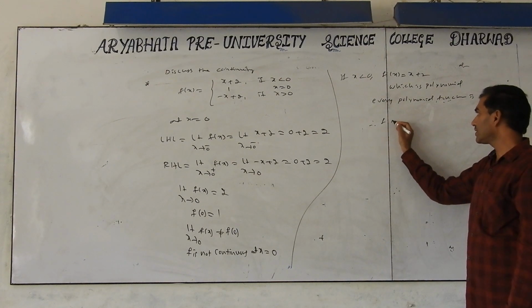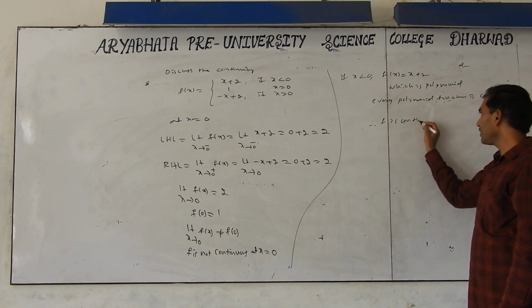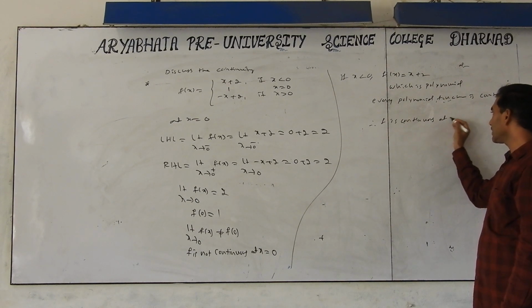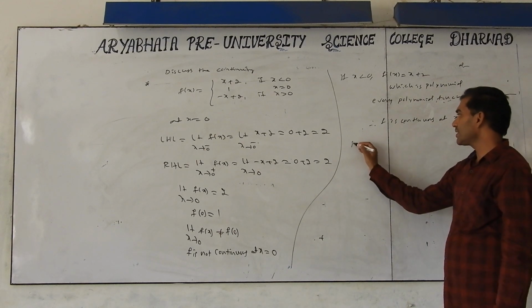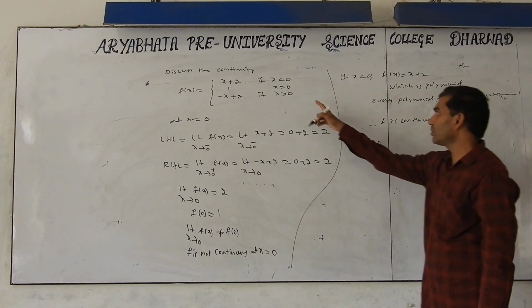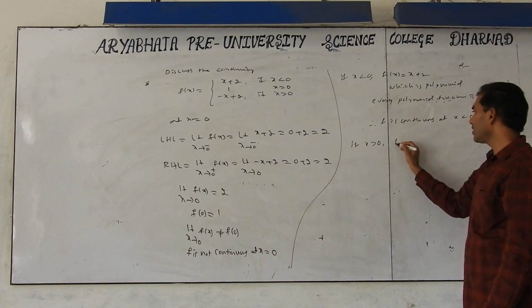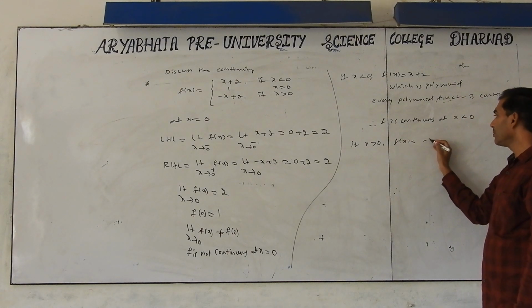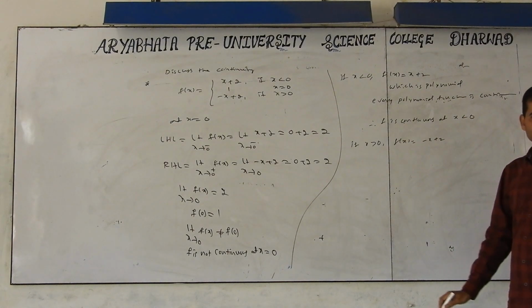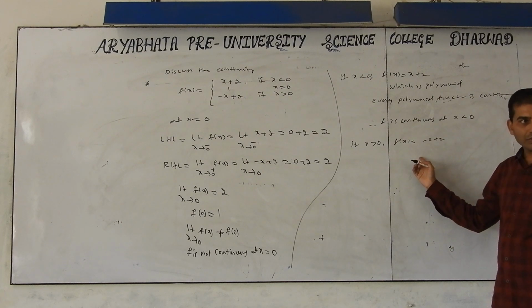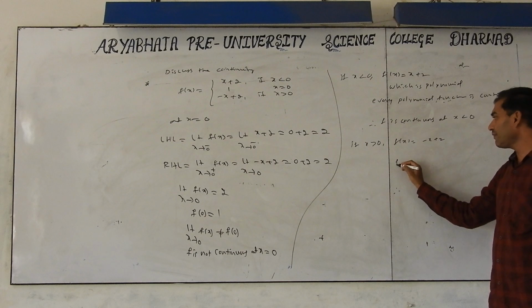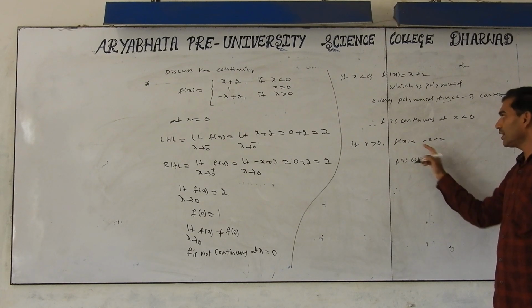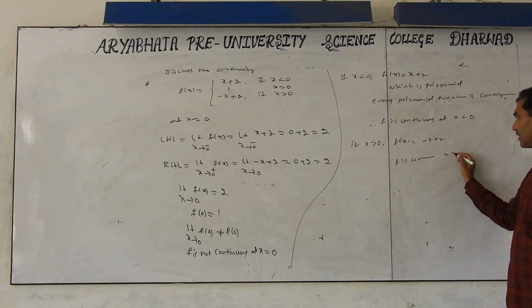Therefore, f is continuous for x less than 0. Next case, if x is greater than 0, f of x is equal to minus x plus 2, which is also polynomial. Therefore, every polynomial is continuous. Therefore, f is continuous for x greater than 0.